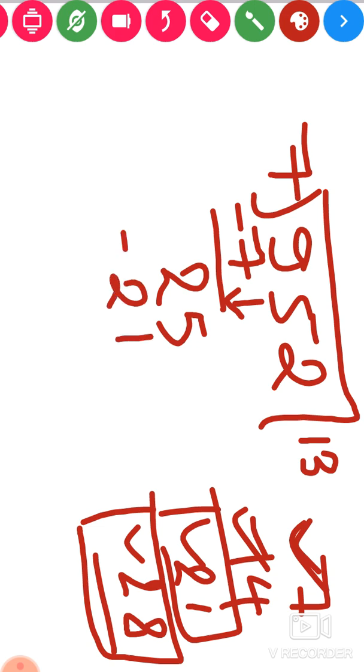Okay. Now we will subtract. Now 5 minus 4, how much we will get? 5 minus 1 we will get 4, and 2 minus 2 we will get cross or nothing. Okay. Now 5 minus 1 4.